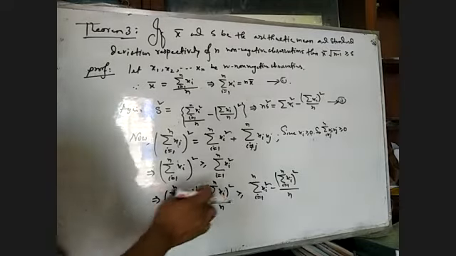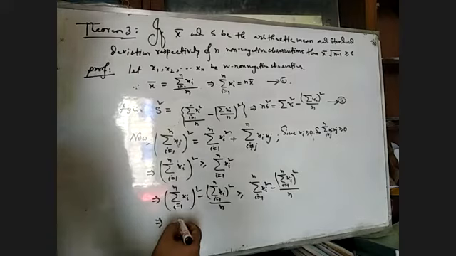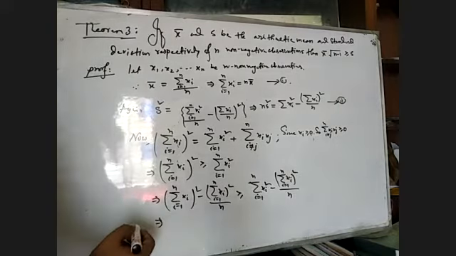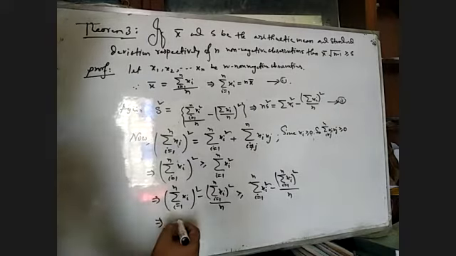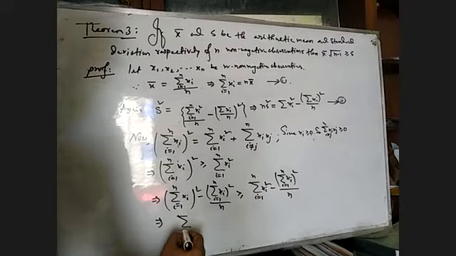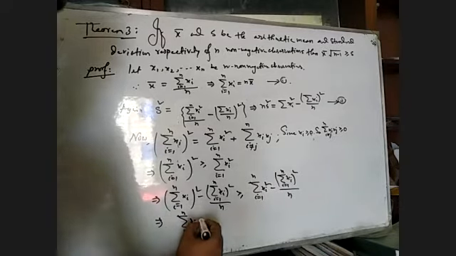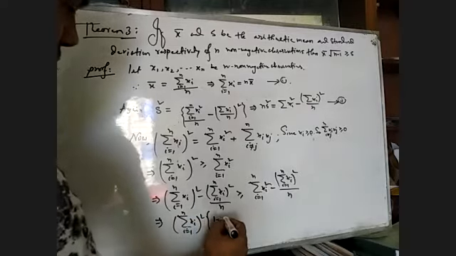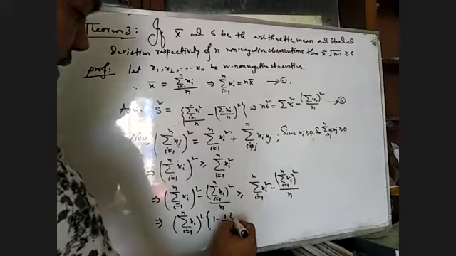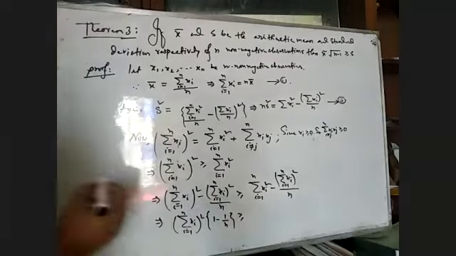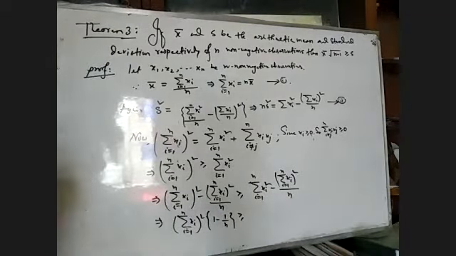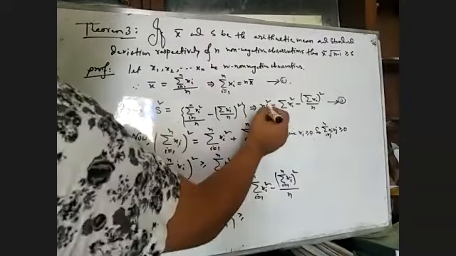This term and this term are the same, so taking common we can write (summation i equals 1 to n xi) whole square will be common, then we get 1 minus 1 by n greater or equal to, this is the formula of n s square from equation 2.